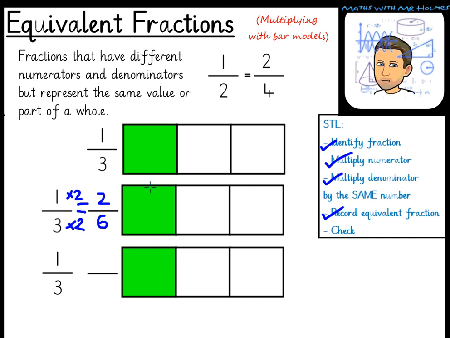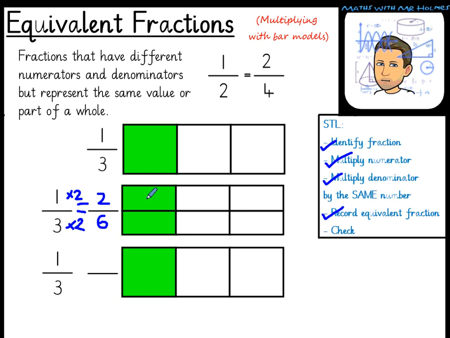Now, instead of splitting up each piece, what we could do is go across. You split this into 2, and this into 2, and this into 2. Just a bit easier. Let's check we've shown the fraction.